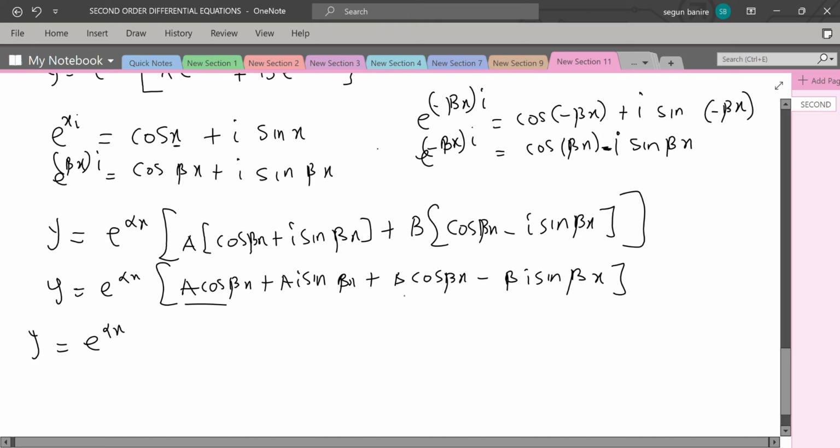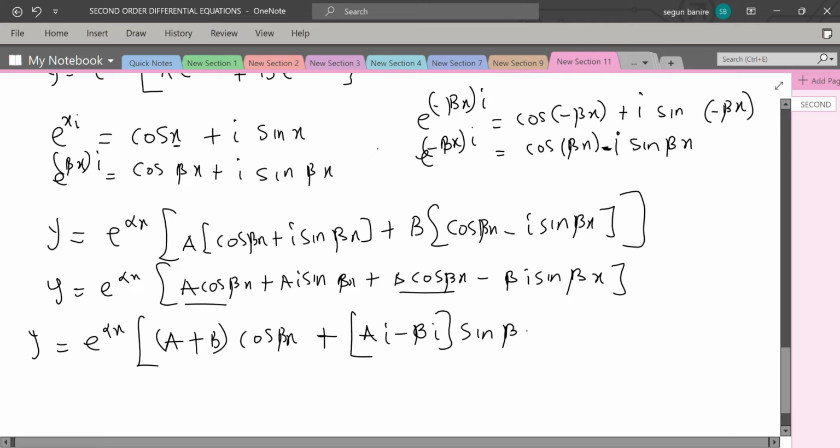If you put them together and factorize the cos, you get (A + B) cos βx, and for the sine, you get (Ai − Bi) sin βx.